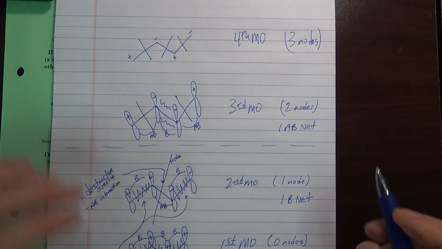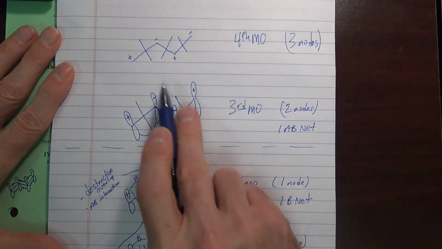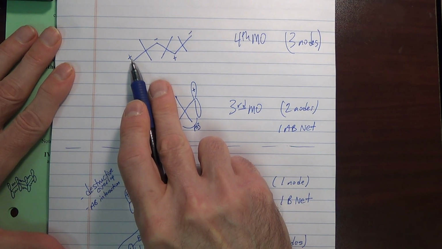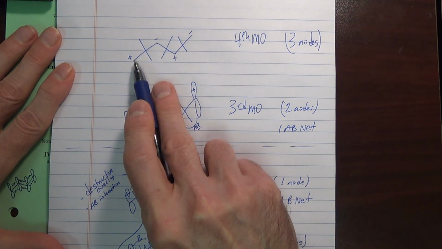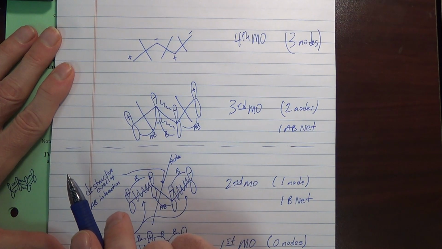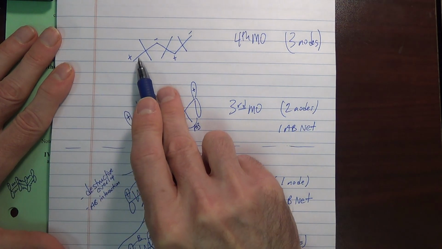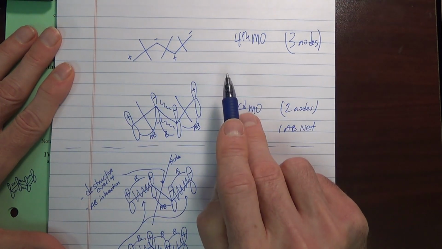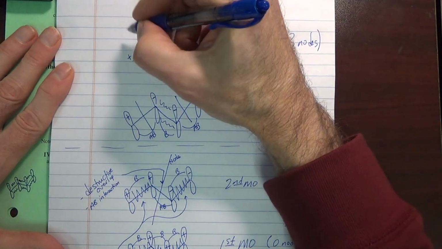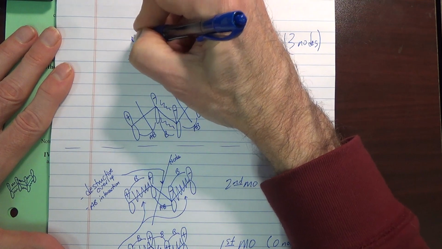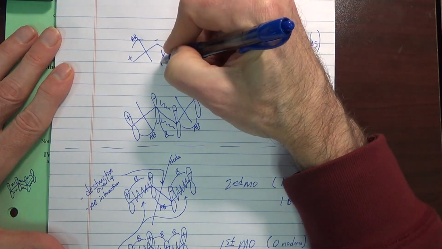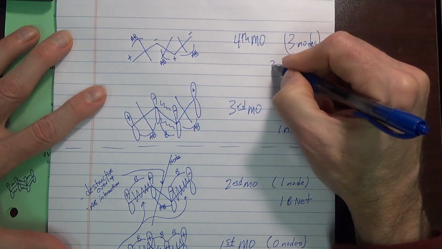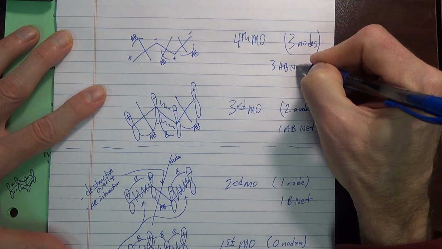And so we see that if these 4 combine in this manner, really none of them would be constructively overlapping. And there would be nodes between all of them, and you would get 3 nodes. And the net interaction here would be anti-bonding, anti-bonding, and anti-bonding. That would equal 3 anti-bonding net.